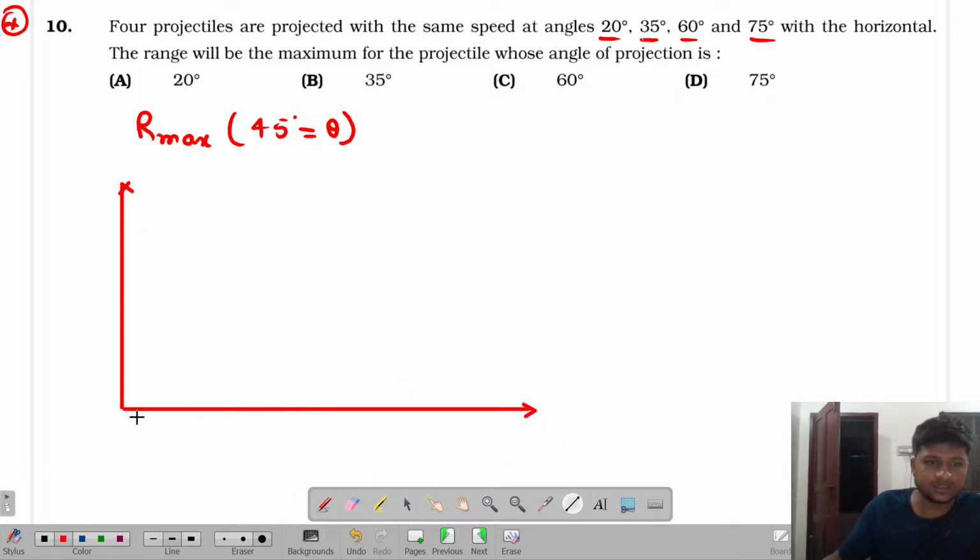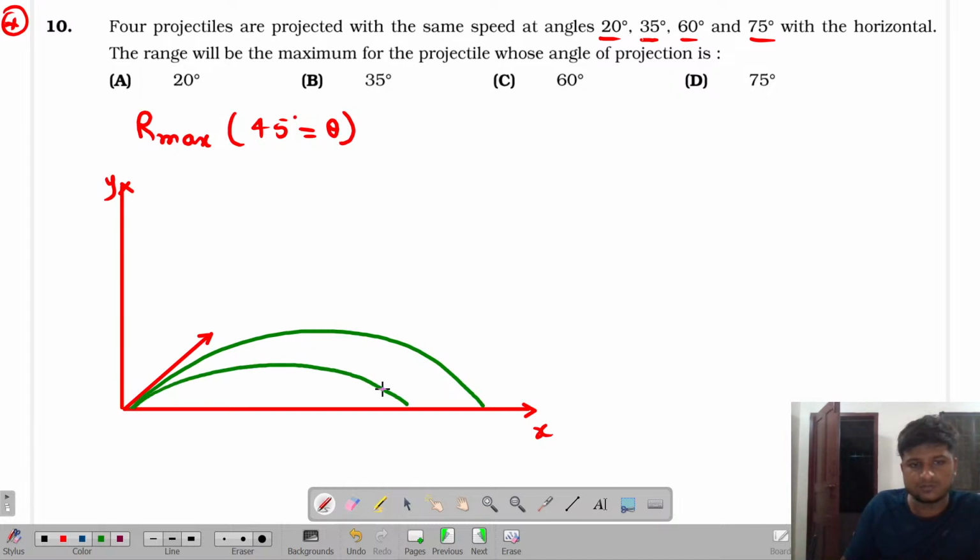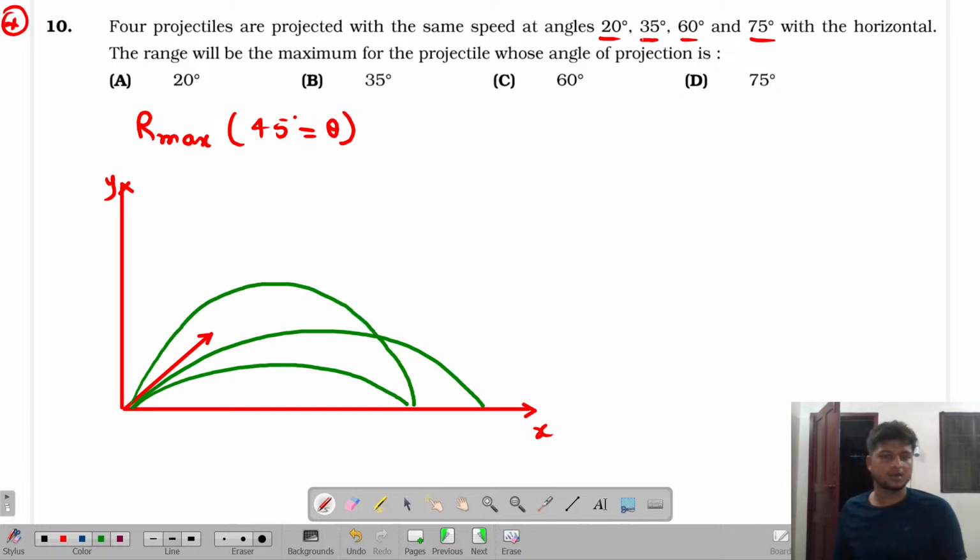If this is x, this is the initial velocity, this is x, this is y, if the angle of projection is 45 then the range is maximum, less than that the range is smaller, beyond that the range is smaller. Are you able to get me or not? Is this clear? So at exactly 45 I have the maximum range.